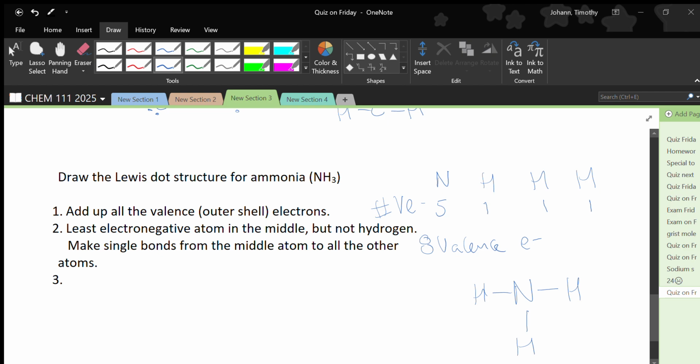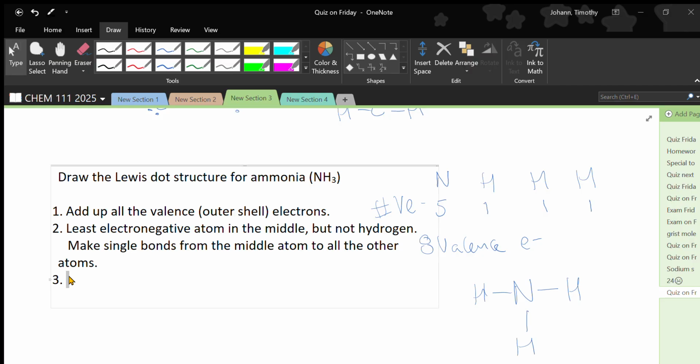The next rule is you're going to fill the octets of the other atoms. And this follows ours. Remember, we put our least electronegative atom in the middle, right? The one that's willing to share most. The really electronegative atoms aren't willing to share, so we're not going to make those outer atoms share. In this case, it's hydrogen, so I perhaps should have picked a different example, but we'll do another one quickly after this. So for my hydrogens to have filled outer shells, how many electrons does hydrogen need? 2. 1, 2, 1, 2, 1, 2. I'm done. Okay?